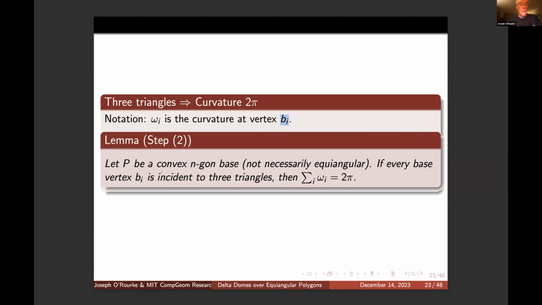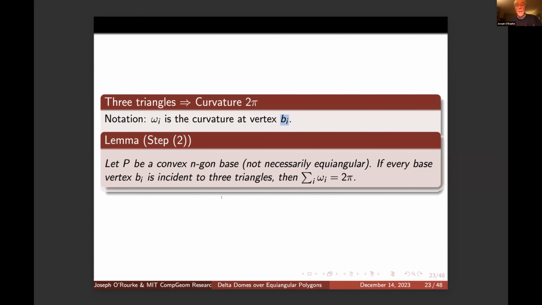So here's the lemma. Let P be a convex n-gon base. In this case, we don't need equiangular, but that's all we're going to talk about in this seminar. If every base vertex is incident to 3 triangles, which we know is necessary when n is greater than or equal to 7, then the sum of the curvatures around the base is 2 pi.